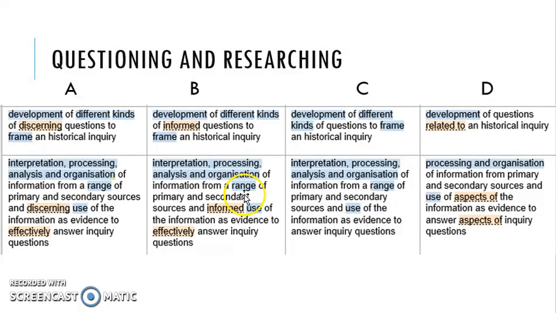You can see for an A, B, and C, you need to have a range of primary and secondary sources, that you have used those sources in order to answer the inquiry questions. So make sure that the information from those sources actually answers the topic that it needs to and answers your questions.